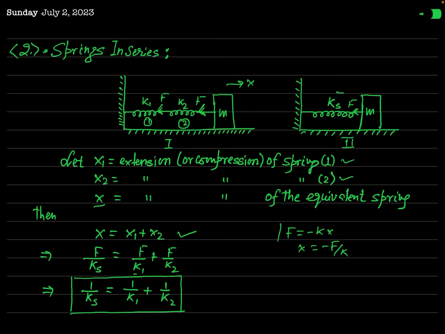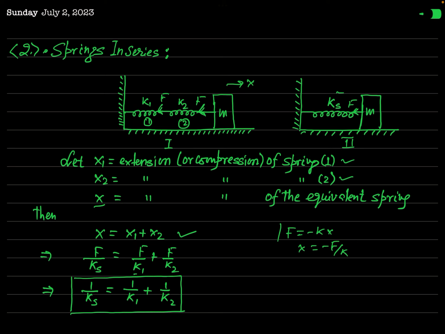Since in all terms there is a minus sign, the minus will cancel out, so I have not written it here. So you can write F by Ks equal to F by K1 plus F by K2. Now F will cancel out and 1 over Ks will be equal to 1 over K1 plus 1 over K2.